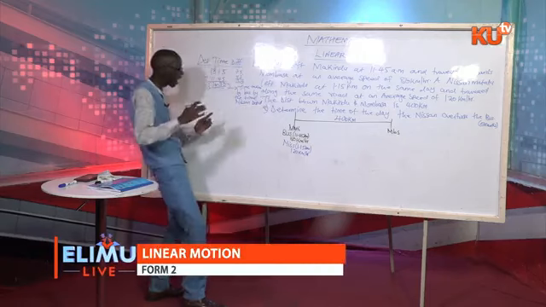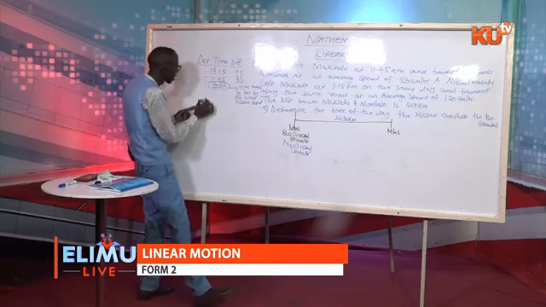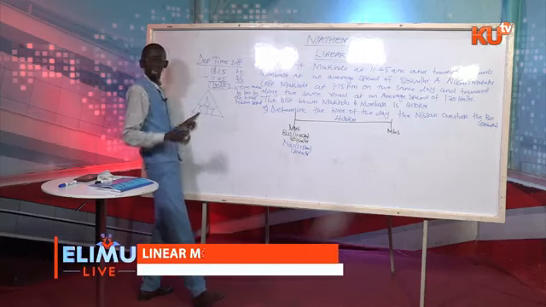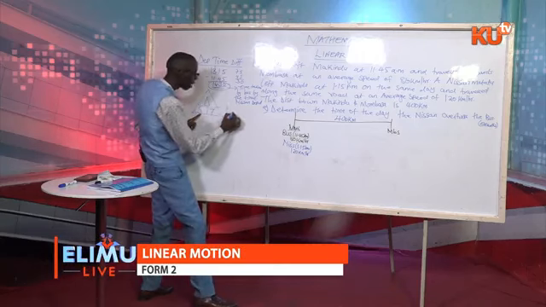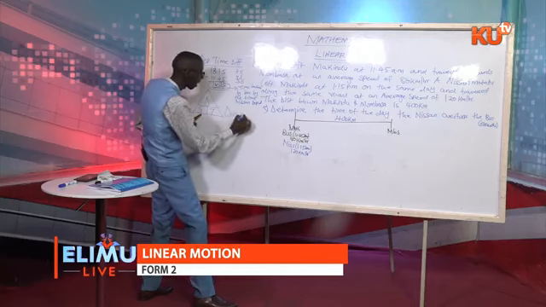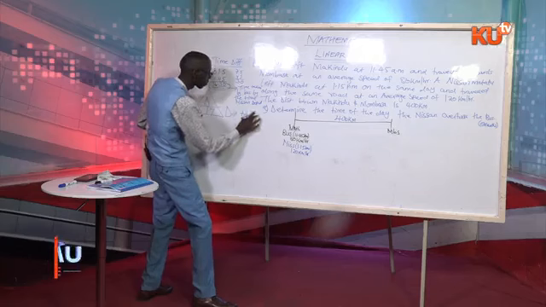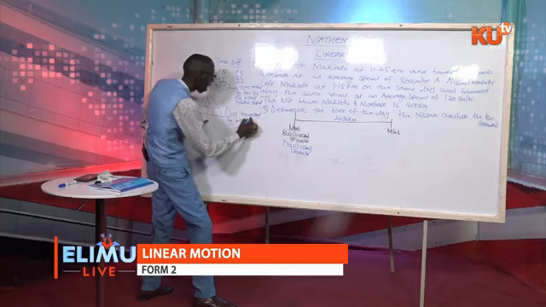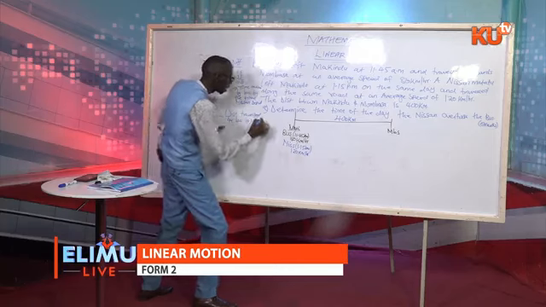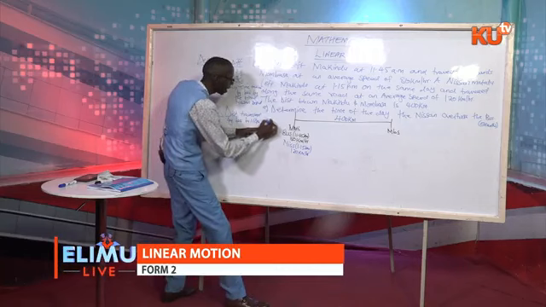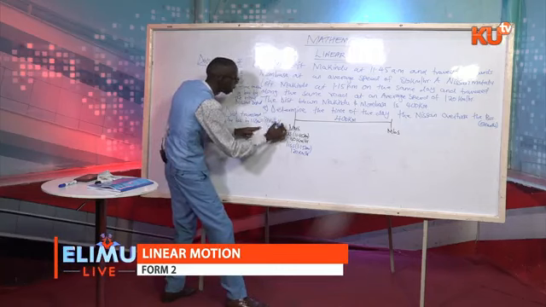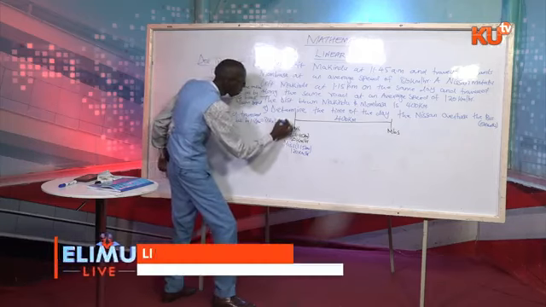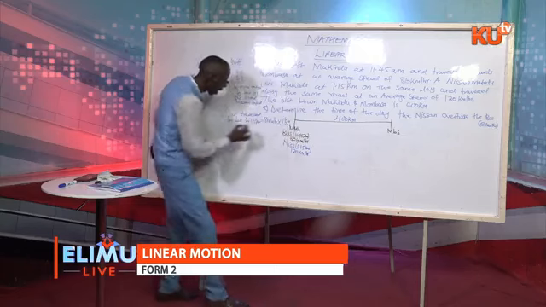So the distance traveled by the bus, we know distance is speed times time. So the distance traveled by the bus by 1:15 p.m. will be the speed of the bus, 80 kilometers per hour, multiplied by the difference in their departure time, 1 hour 30 minutes, which is 1.5 hours.